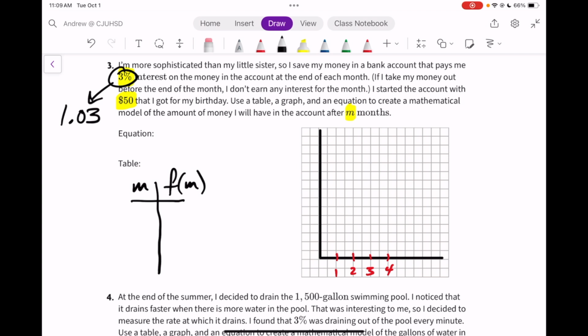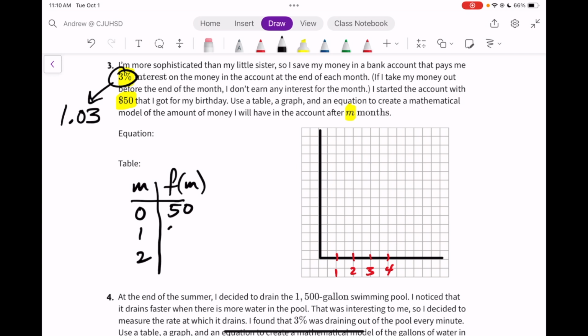Again, this one makes sense to start at 0 because when you put in your money, you haven't received any interest yet. So you've received 0 interest. It's 50 plus 1.03, 0 times. Okay, and then 1, and then 2. So we'll take our calculator, and we'll do 50 times 1.03.